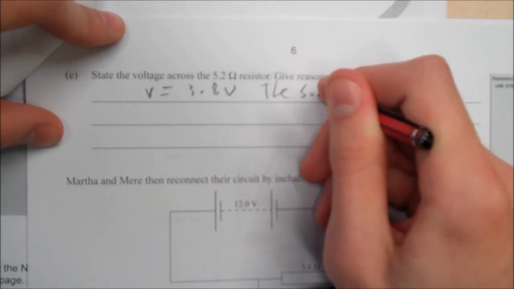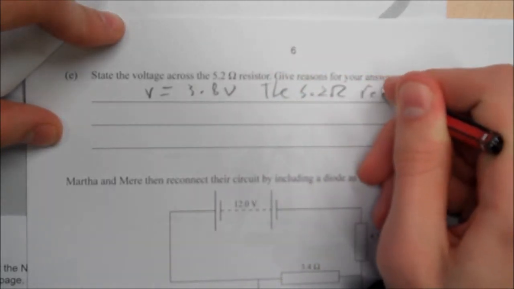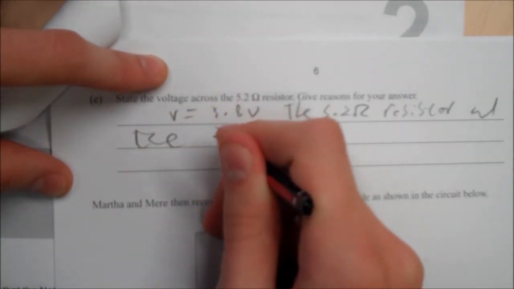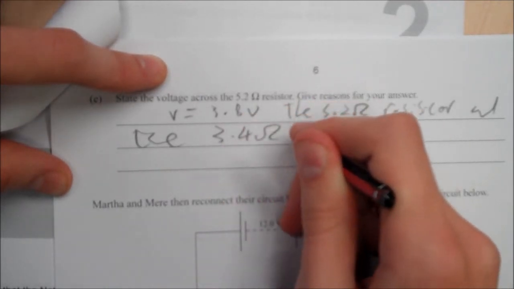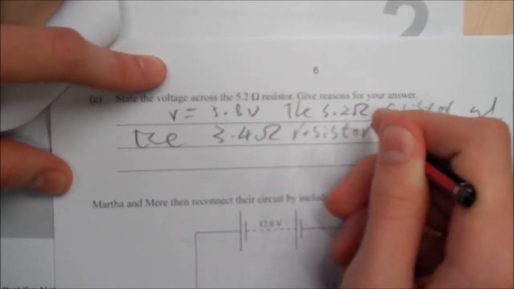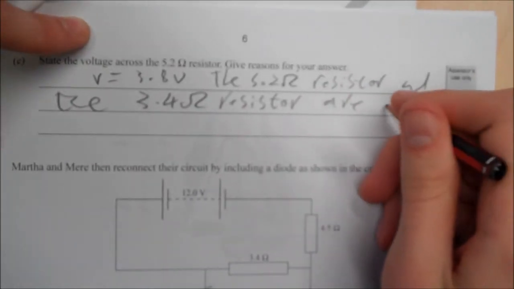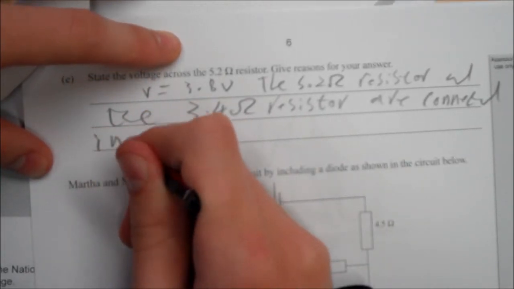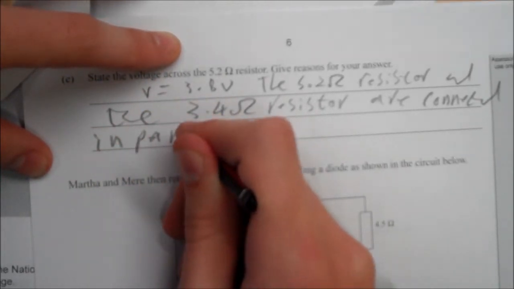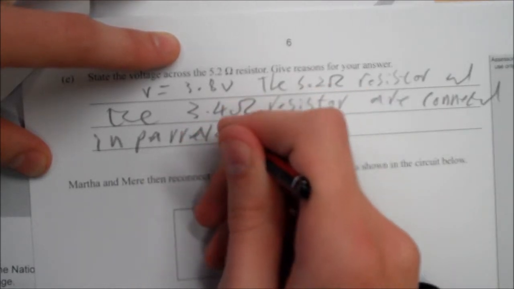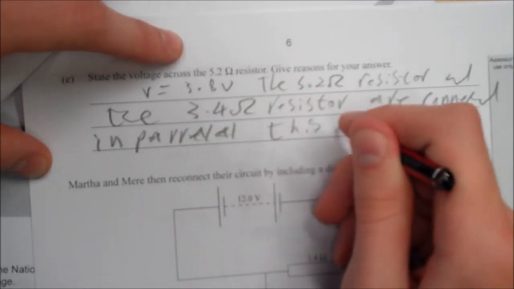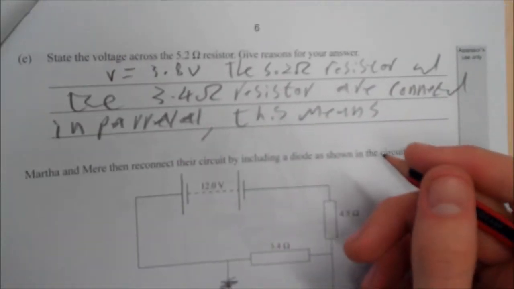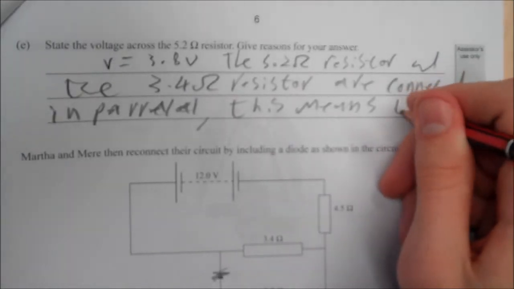So the 5.2 ohm resistor and the 3.4 are connected in parallel. This means, what does that mean? Well, the resistance will be the same.